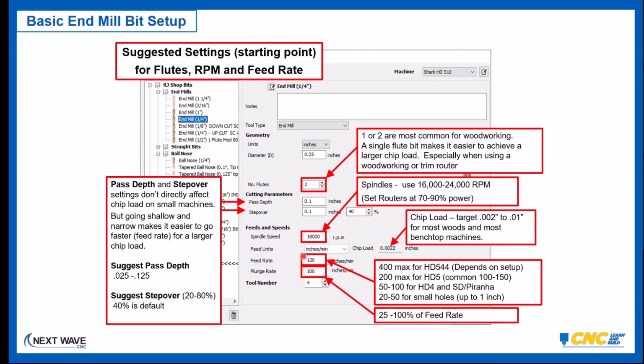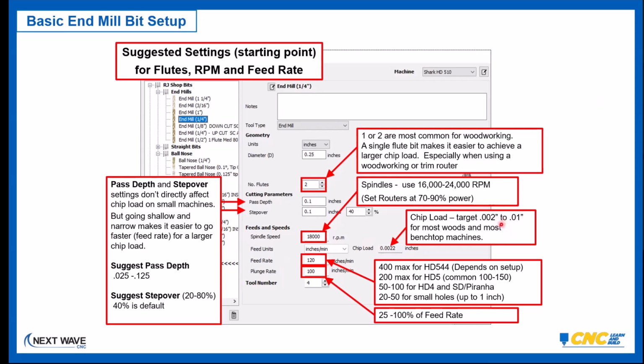So when you prioritize this to try and get a good chip load, you're going to be working with feed rate, spindle speed, and number of flutes. It's always a bit of a compromise, and you have to kind of go back and forth. The good news is it's a pretty easy window, and it is forgiving. So this 0.002 to 0.01, when you start playing with the numbers in here, you'll find it's not too hard to hit some area inside there.